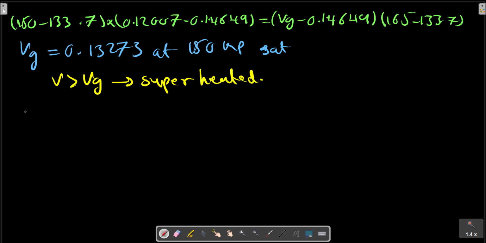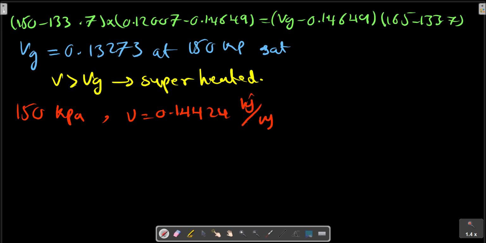For superheated, we should read the pressure for V equals this value. The table is provided here, table B.5.2 for R-134a.